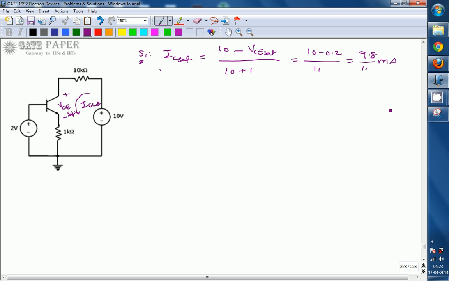If you have a calculator you can compute it, otherwise this is sufficient. The value is going to be lesser than 1 milliampere.